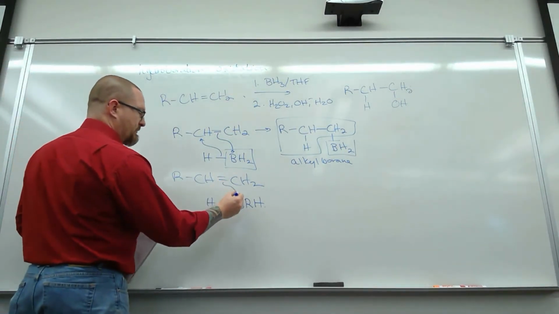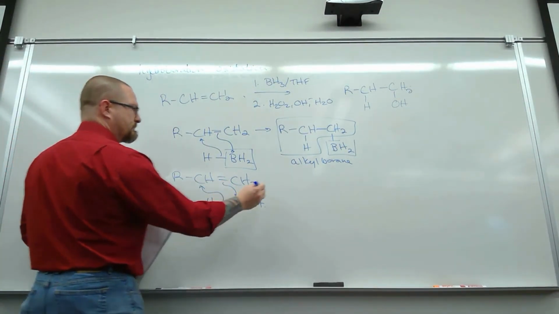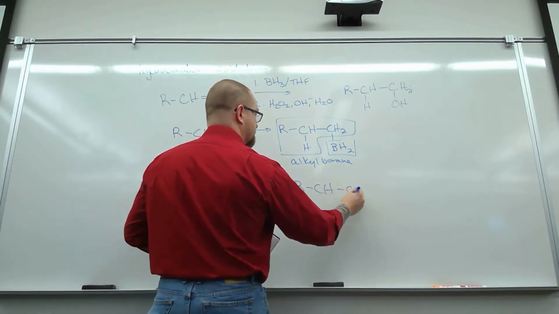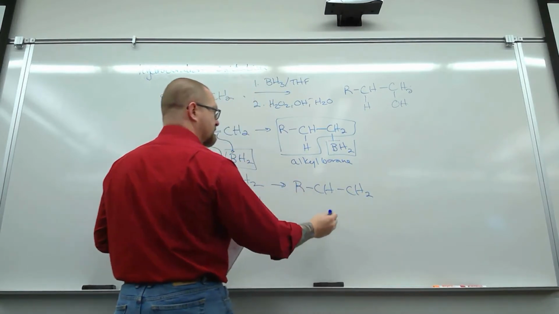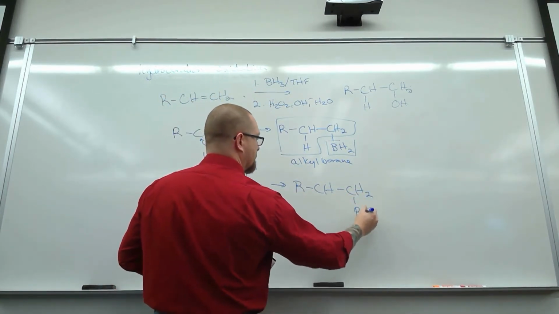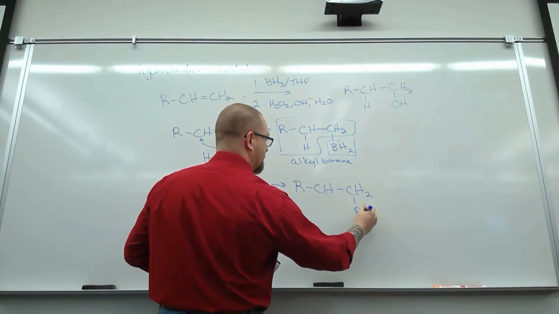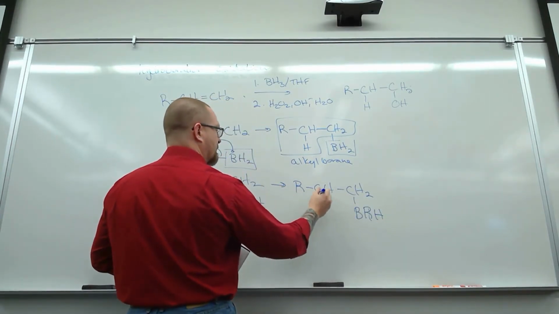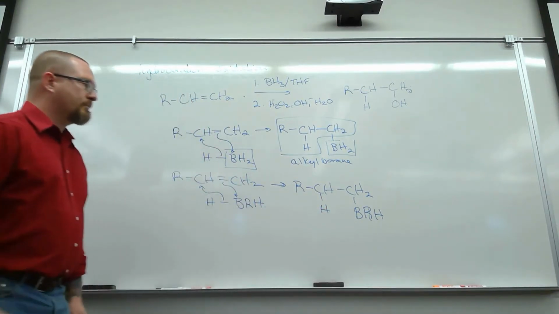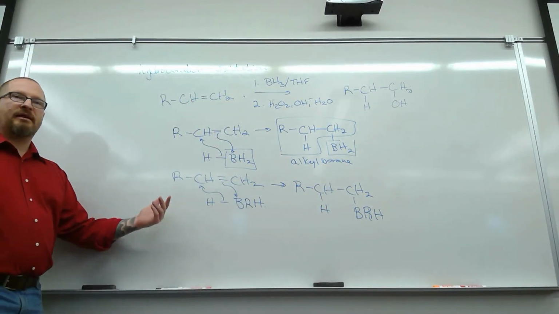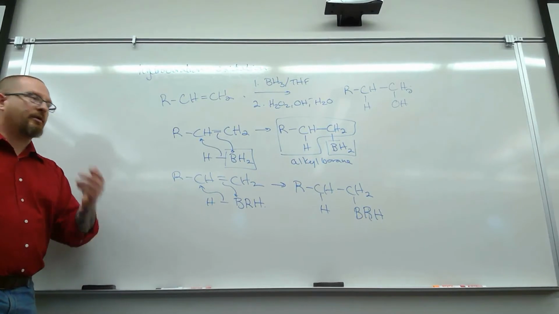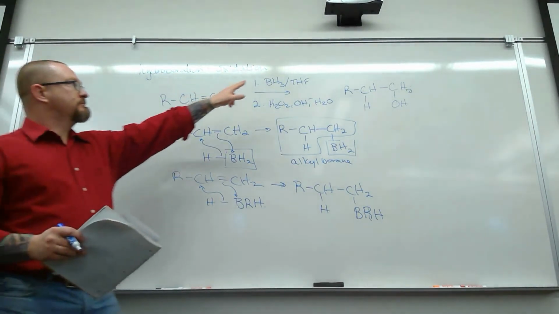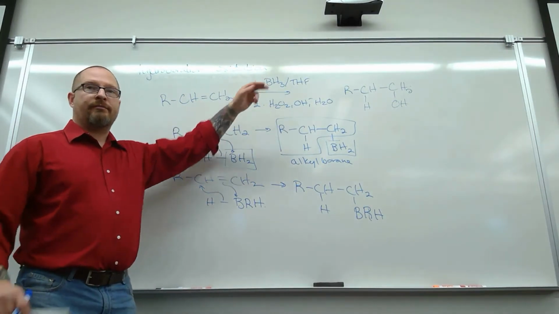Exact same thing happens. And then we can do the same thing again and add our third alkyl group to the alkyl borane. So this is the first step here.